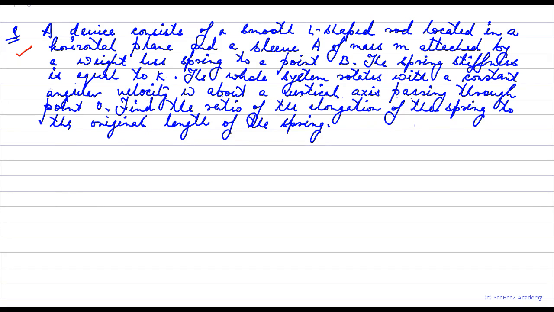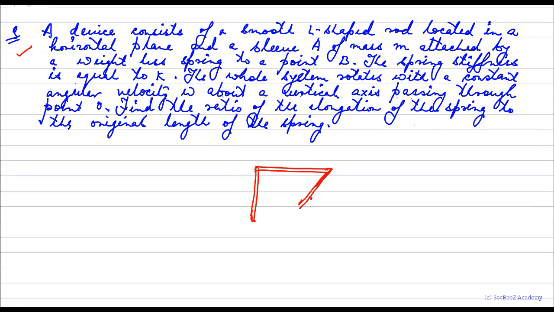Fine. So in this problem I have a device which consists of an L-shaped rod. Let me now draw an L-shaped rod. This is my L-shaped rod, okay. This rod is actually mounted on a stand.